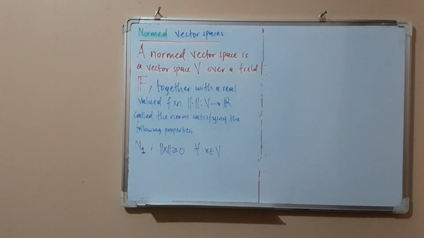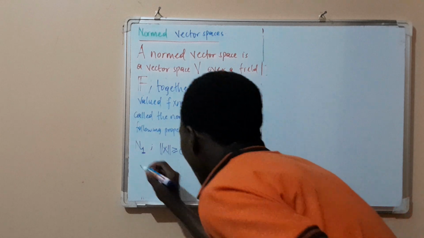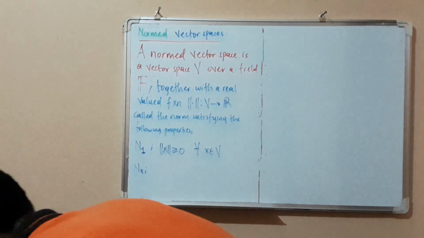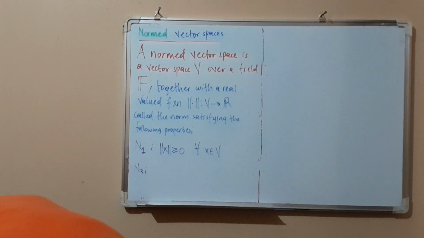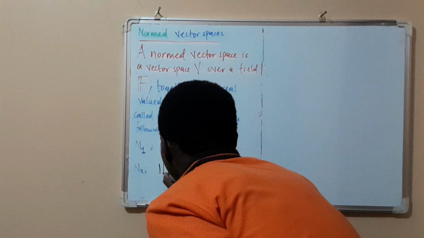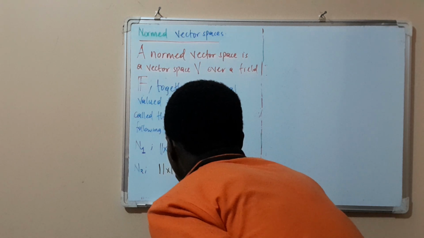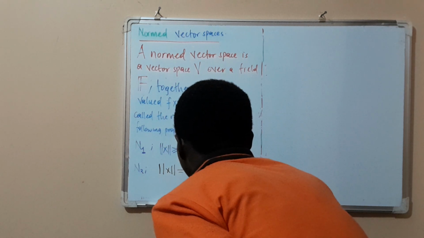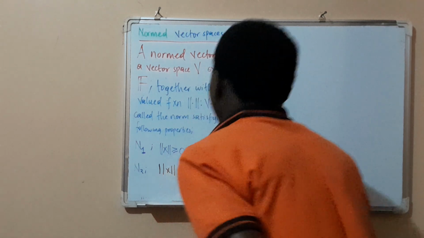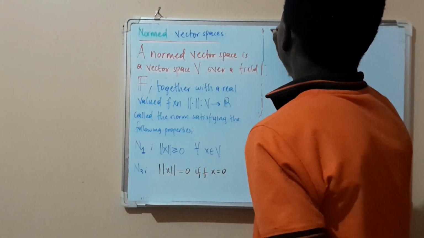Now the second property, which I'm calling capital N2: the norm should be 0 if and only if x is 0.